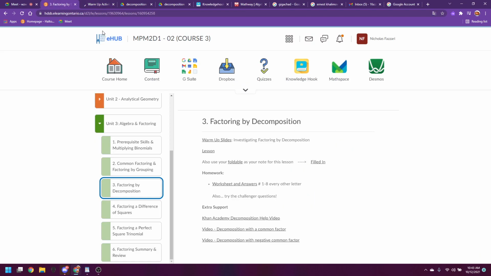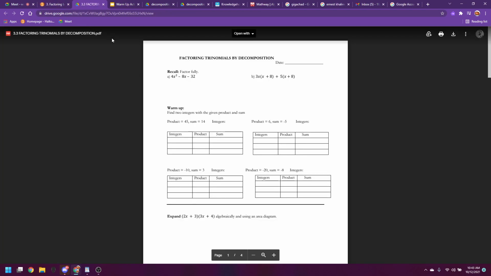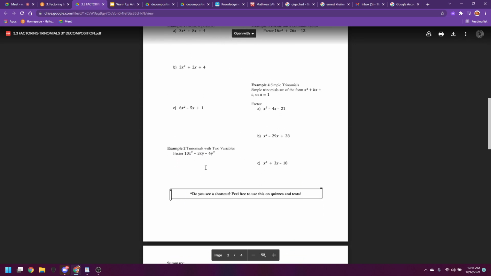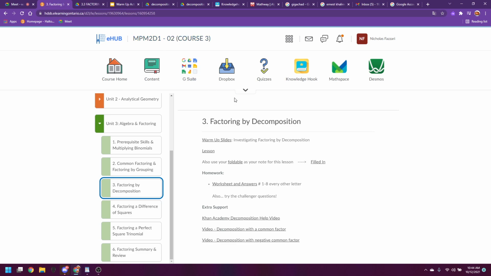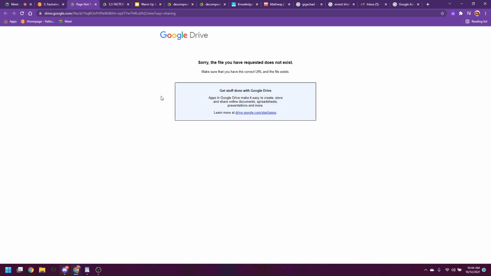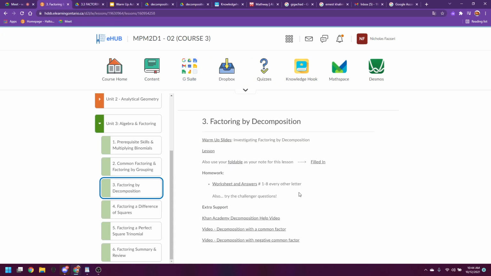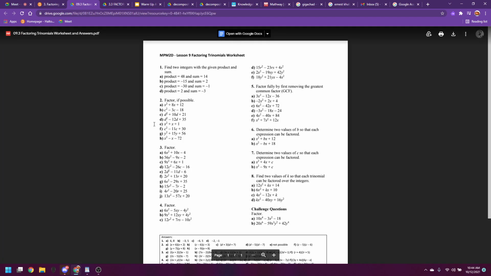Where is it? This was the assignment, right? It shows me the answers at the bottom.